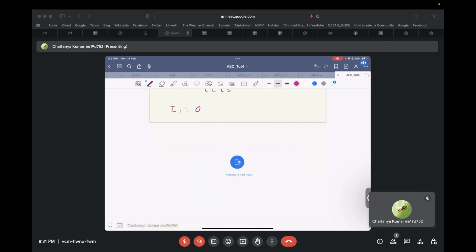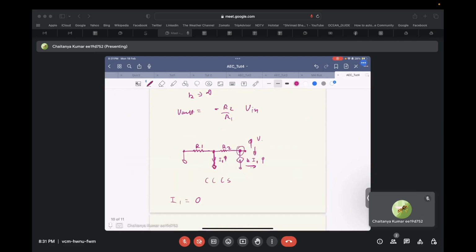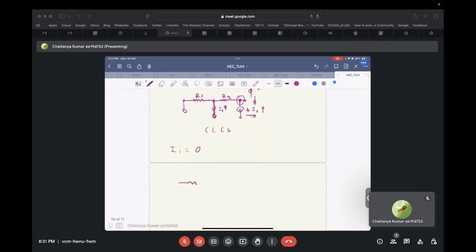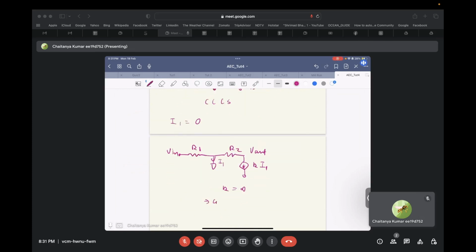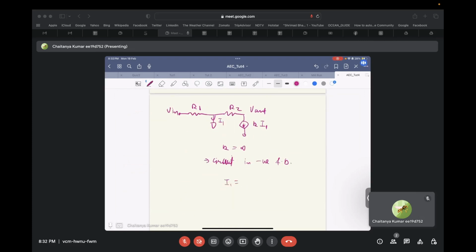If I1 is equal to zero, so we have R1, R2, K times I1, and output Vout, Vin, and this is I1. And K is infinite. If K is infinite, the circuit is in negative feedback, and I1 goes to 0.